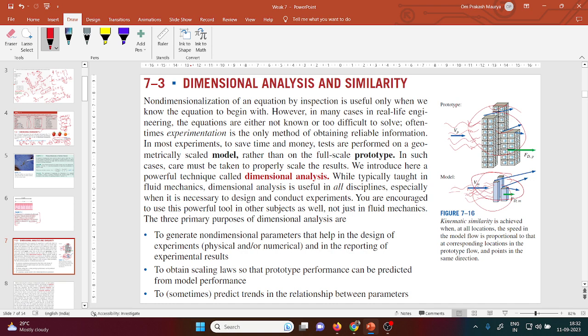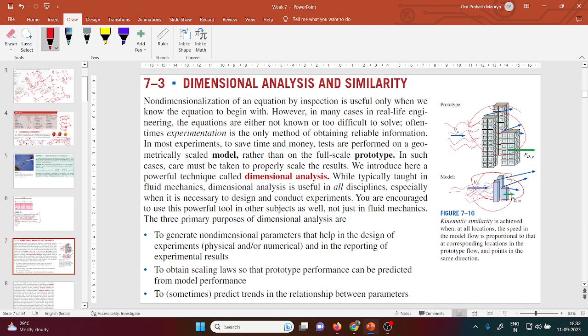Based on that, we implement corrections in the design of the main thing, that is your car or whatever you want to design.